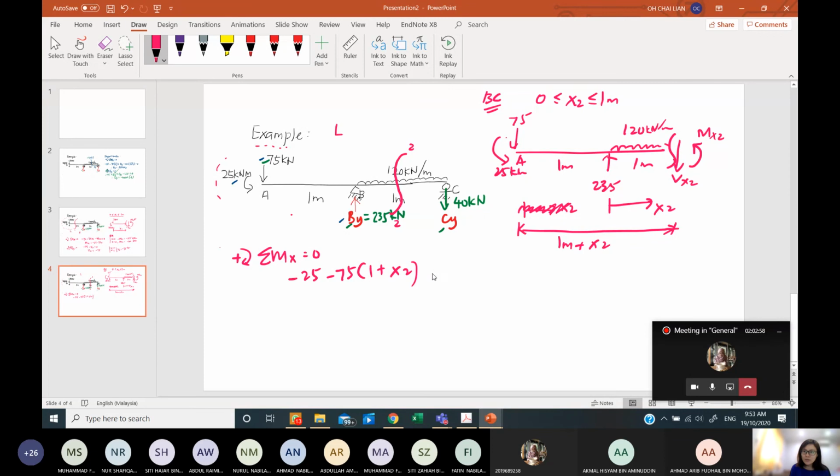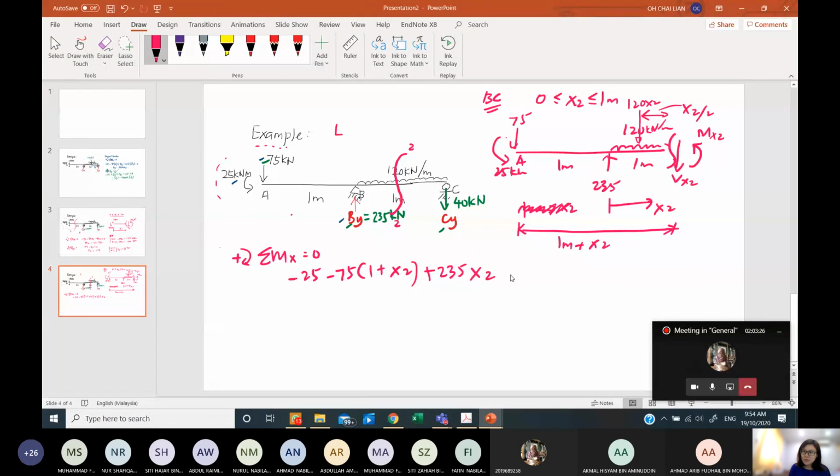Then we continue with plus 235, and the distance is x2. And then we have this 100 kilonewton per meter, which the resultant is 120 x2, and the distance here is x2 divided by 2.